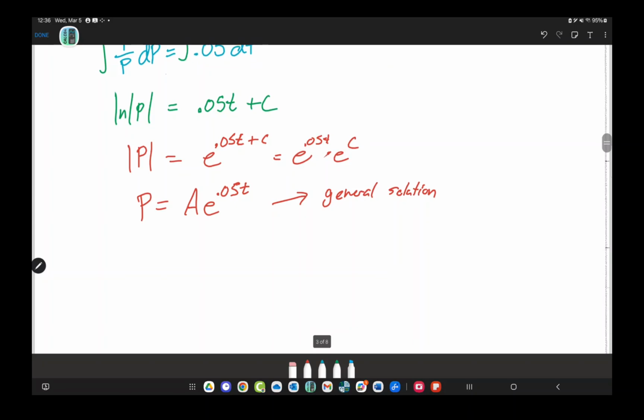Do we have an initial value? Yeah, when is it 1,000? Right now, when T is equal to 0.